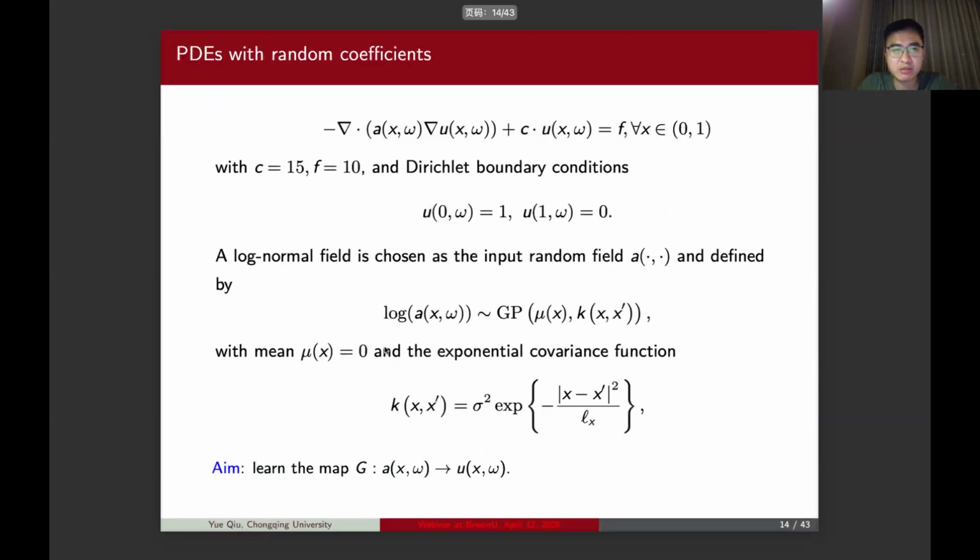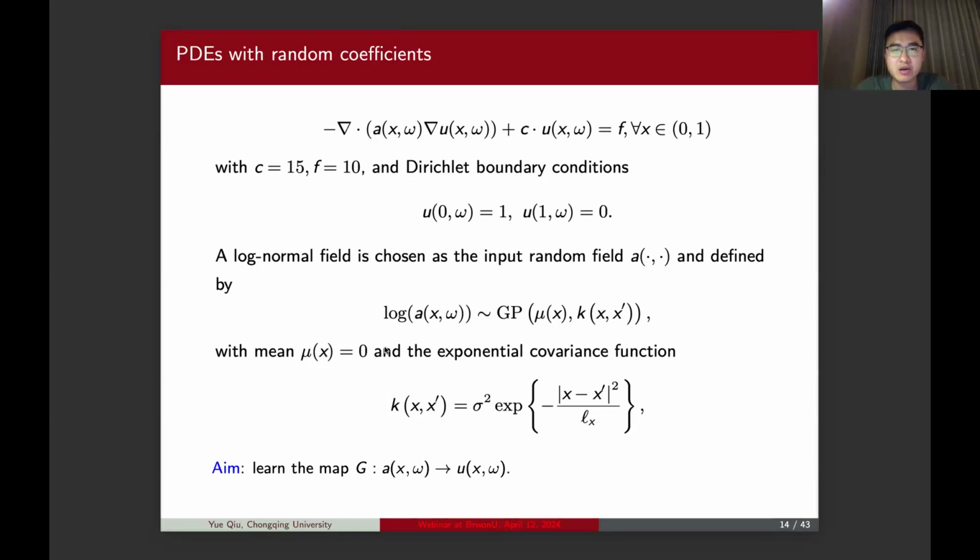Okay, then we go to some numerical experiments. The first one is often used for uncertainty quantification problems, where we have a PDE with random coefficients.